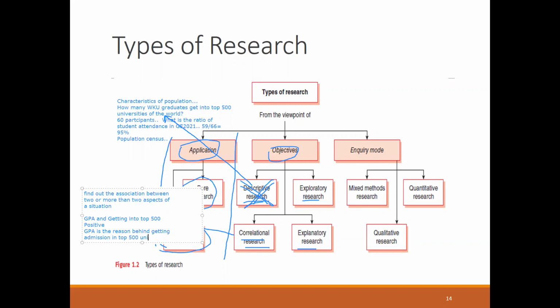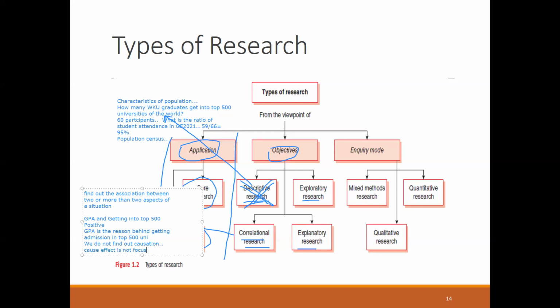So in a correlational study, we just find out the association. Is there a link between two aspects? We just find out the link. We do not find out the causation. Let me write this: we do not find out causation. Cause and effect is not the focus here in the correlational study. We just try to find out whether there is an association between two aspects.